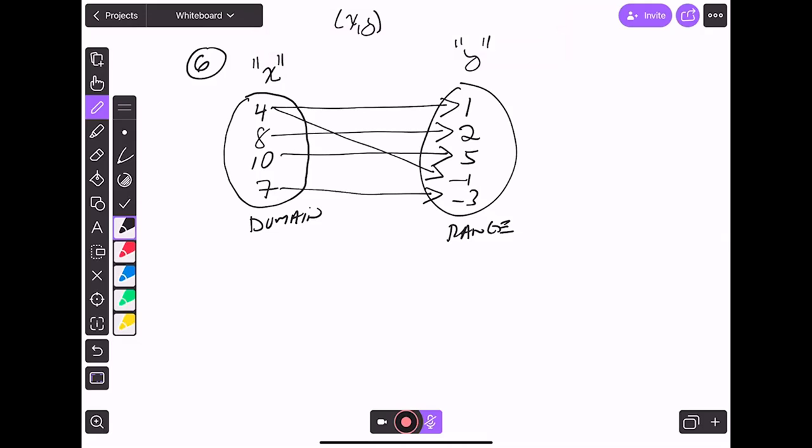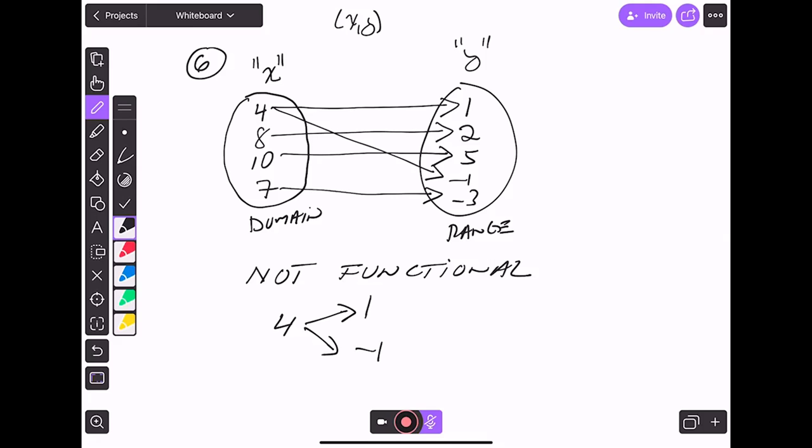Unfortunately, 4 is going to 2 different things. So although it's a relationship, it's not functional. And why is that? 4 maps to 1, and it maps to minus 1.